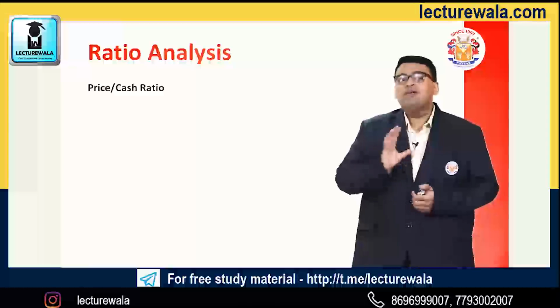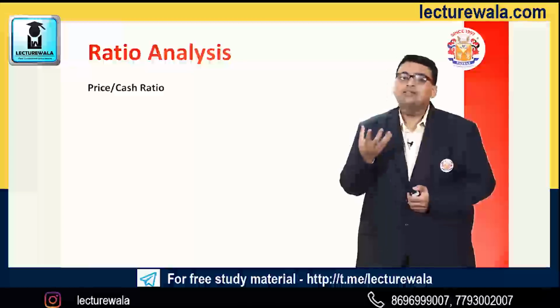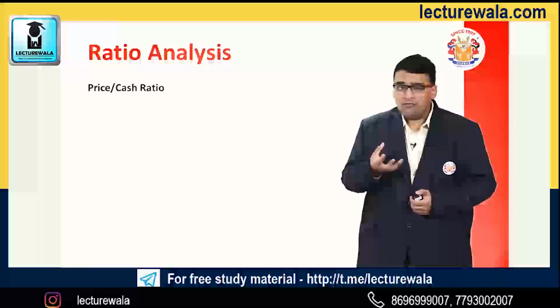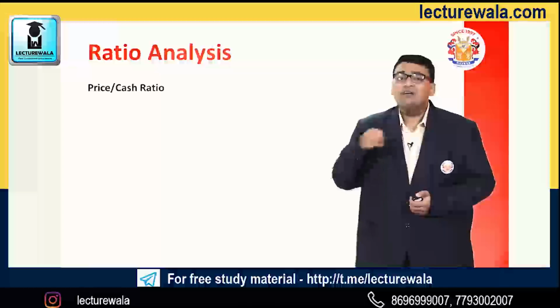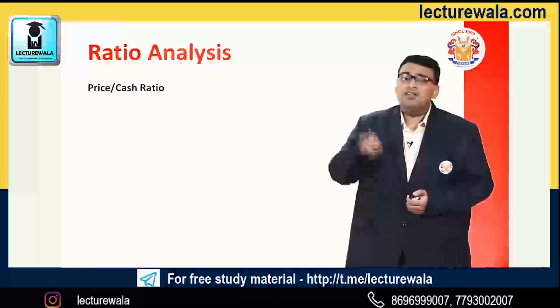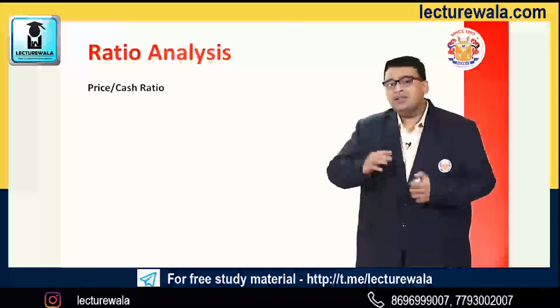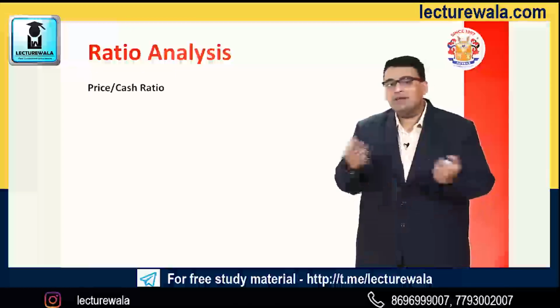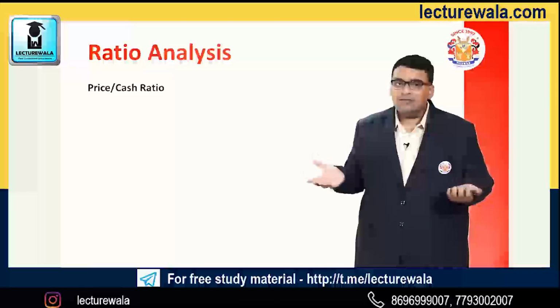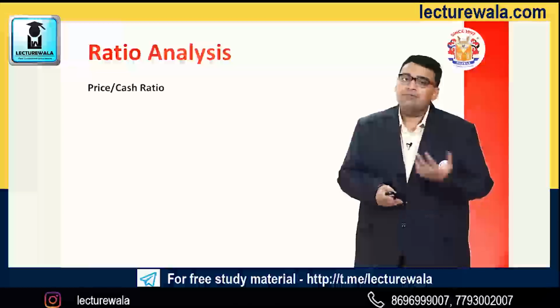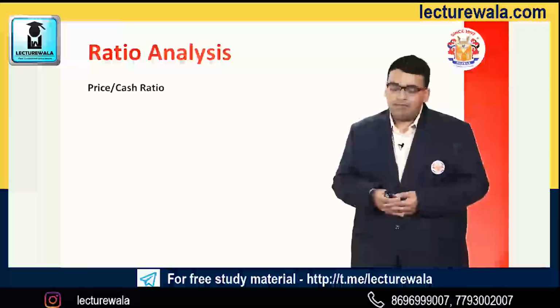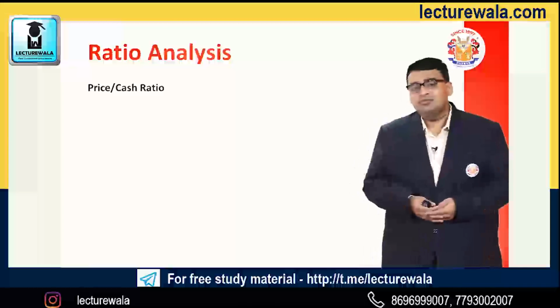Because the more the liquidity with the company, the stronger, fairer, more faithful and more presentable its financial statements would be, and as a result the investors will have trust in the company that it is doing well in business and having growth. That is why the company has so much liquidity, and as a result the company's market price can fluctuate in a significant manner, and that is shown through the price to cash ratio.